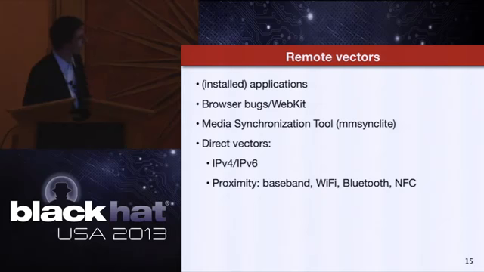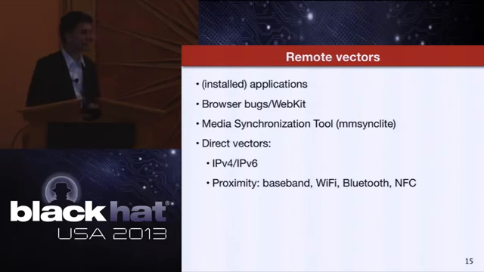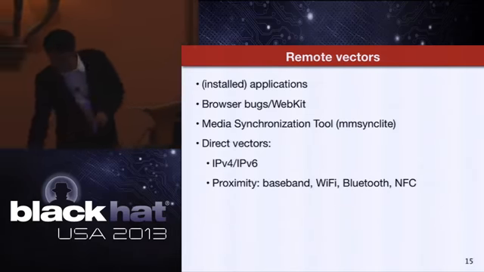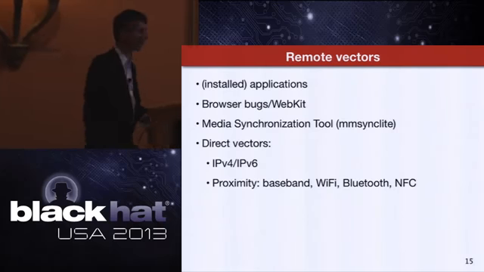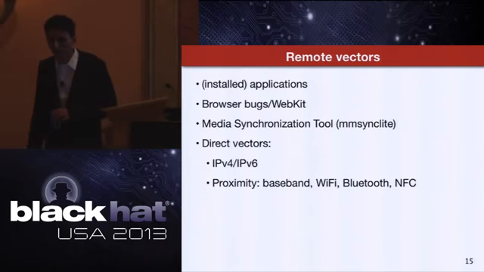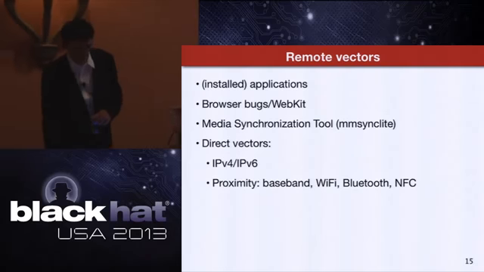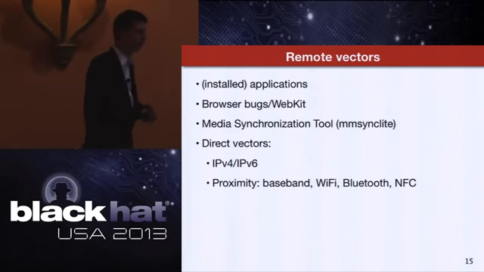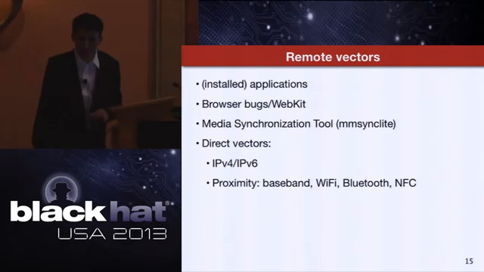That's another vector, and of course there are the direct vectors, IP version 4, and I was actually surprised that it also supports IPv6. Proximity-based, you of course have the cellular baseband, the Wi-Fi, processors in the Wi-Fi firmware, Bluetooth, and NFC as vectors.